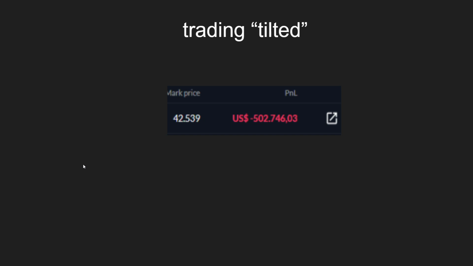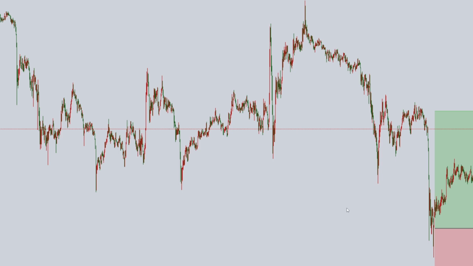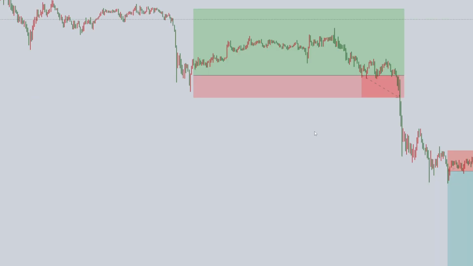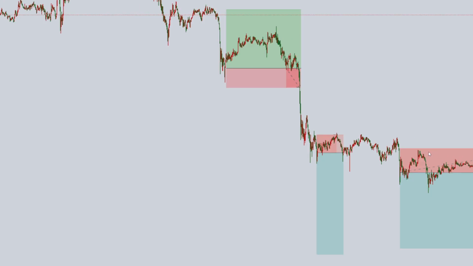We can do a couple of slides into trading tilted. Let's see how far we get. Like you enter a long over here, your target is there, you want to retest over there. This is it, it doesn't reach your target, you get stopped out. Quite a leg down, and you don't see a bounce, you see lower highs, so you try to go for a short over here.